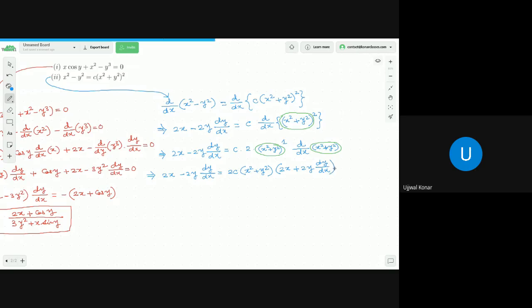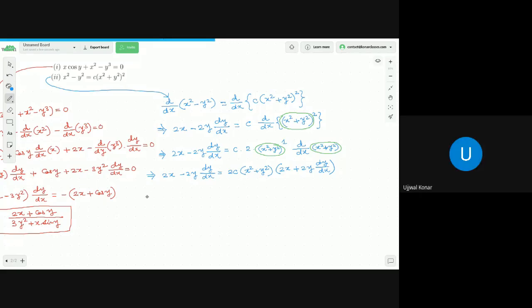After this, it is just simple algebraic simplification, nothing else. So what we can get is that 1, 2 will get cancelled on both the sides. Correct or not?